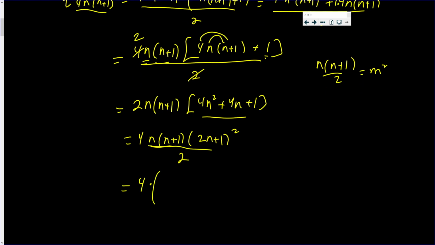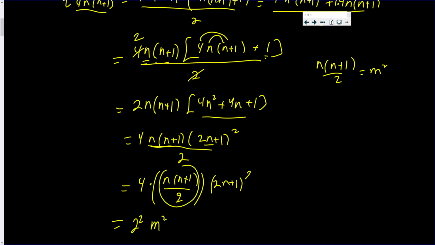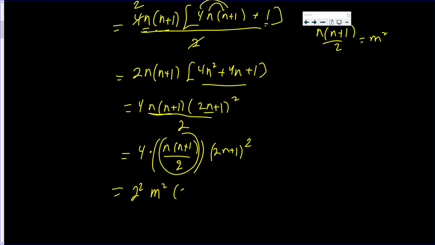This is 4 times (n plus 1) over 2 times (2n plus 1) squared. Well, 4 is 2 squared. By assumption, that's m squared times (2n plus 1) squared.